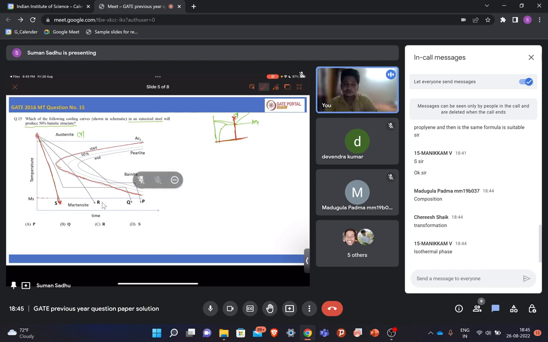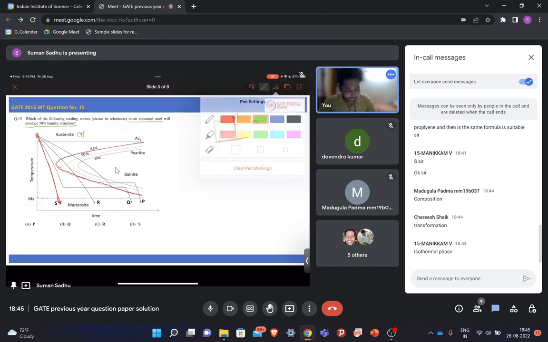First solve this question, then I will discuss how you get the C type of curves.